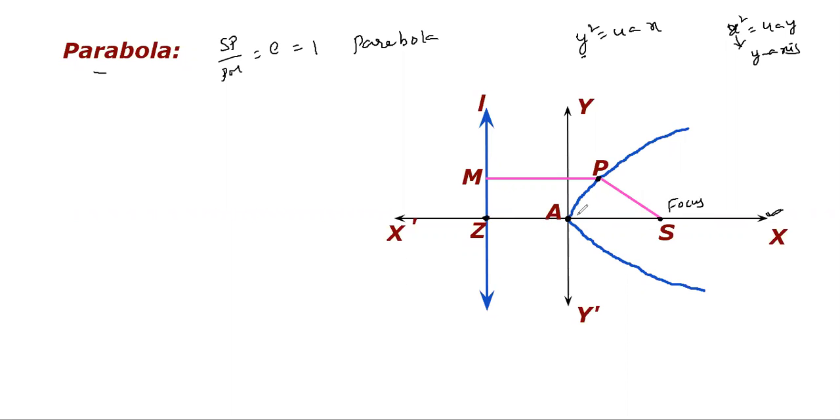If the vertex is 0, 0, and this point is x1, y1, and PM is the perpendicular distance from the point to the directrix. Here the directrix is L. Okay, let me take from A to S, A units is there.